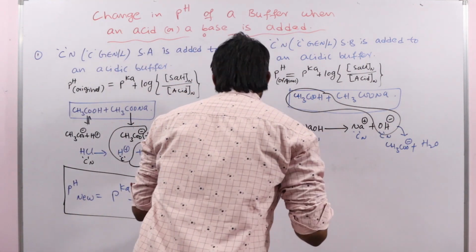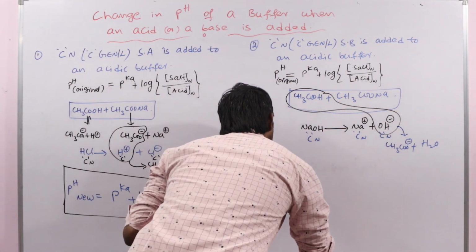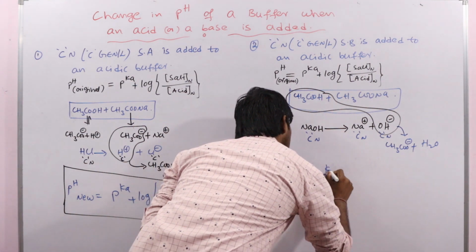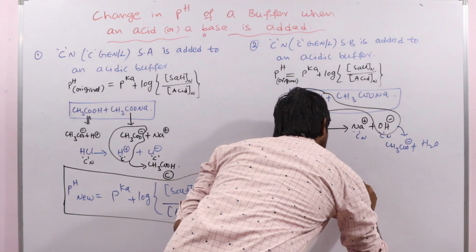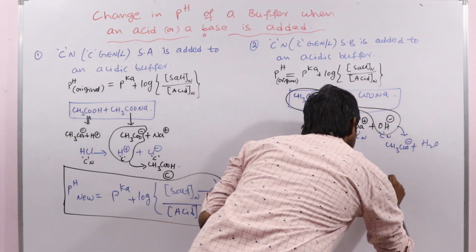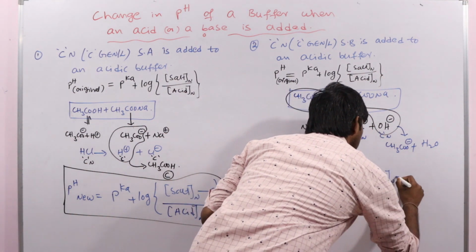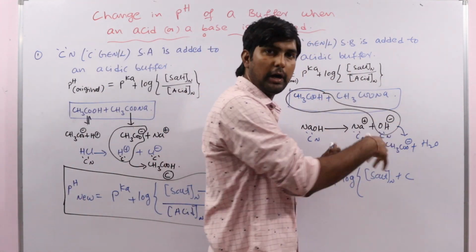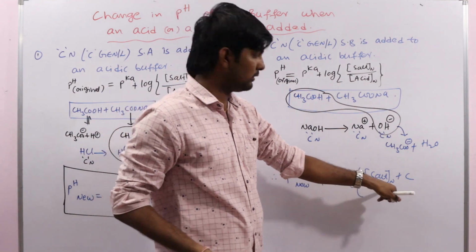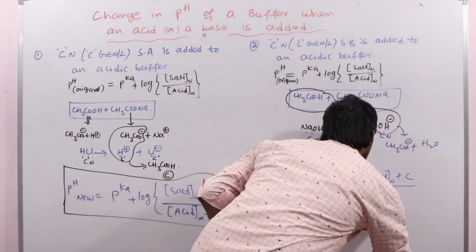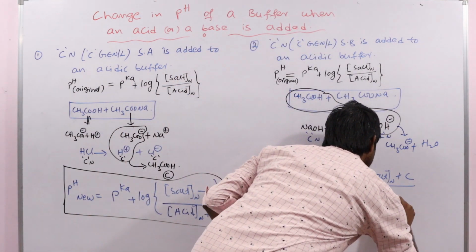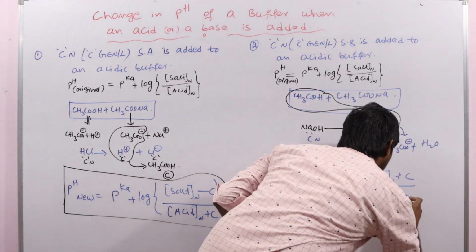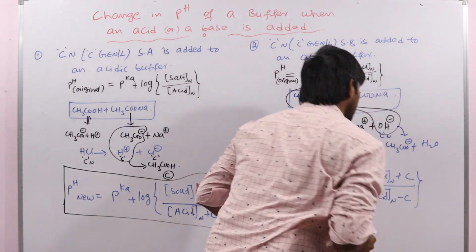So therefore new pH equal to pKa plus log of concentration of salt plus C. Yes or no? C normal salt is again formed in addition to this one, so that's why plus C. And concentration of acid minus C. Sorry, concentration of acid minus C. Yes or no?